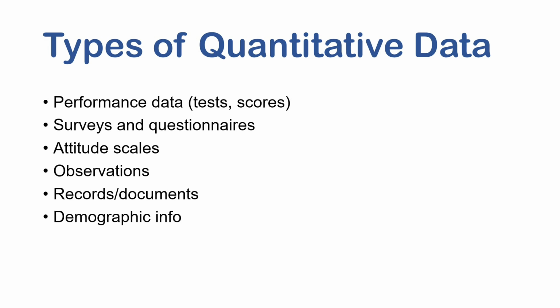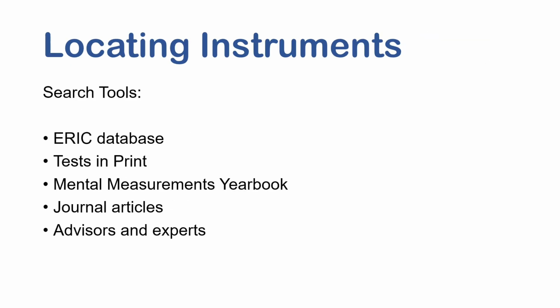To do this, researchers first identify all the variables in the study and define exactly how each variable will be measured. This is called operationalizing the variables.